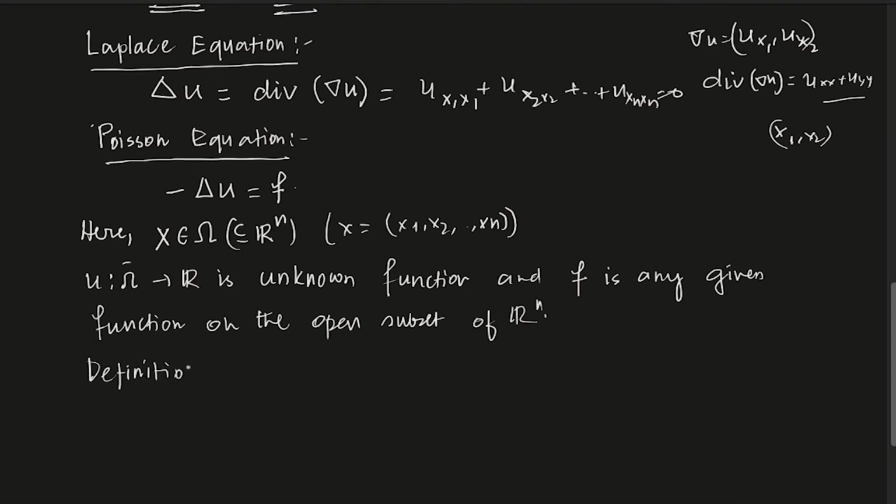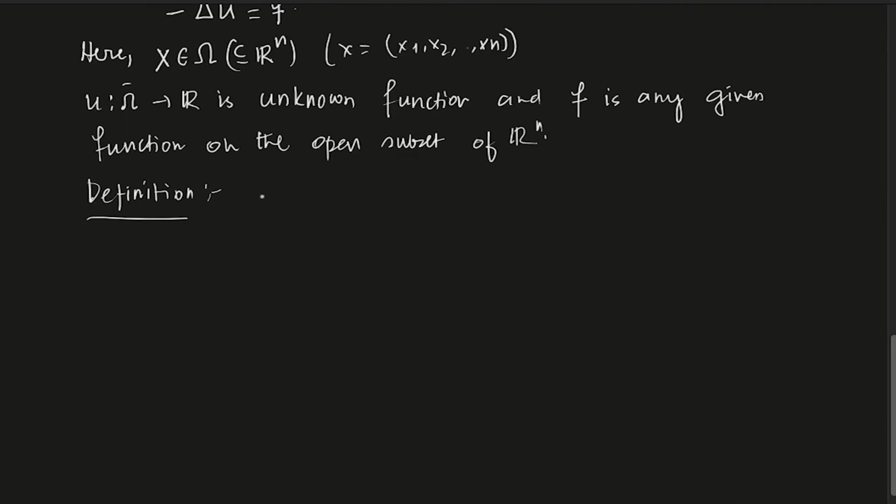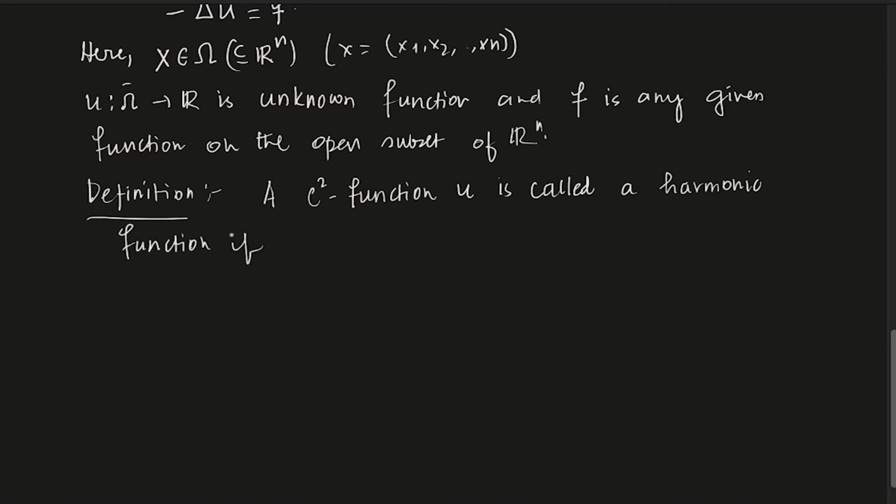Definition. A C2 function u is called a harmonic function if it satisfies the Laplace equation.